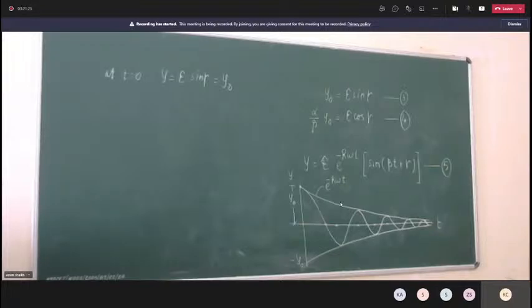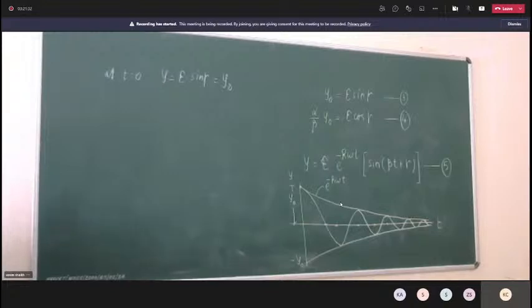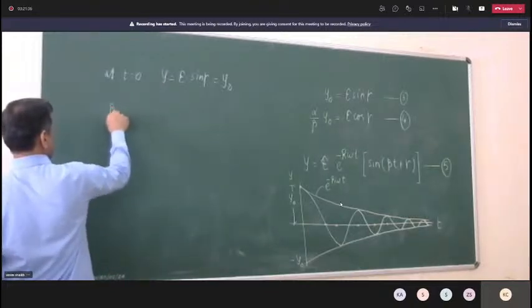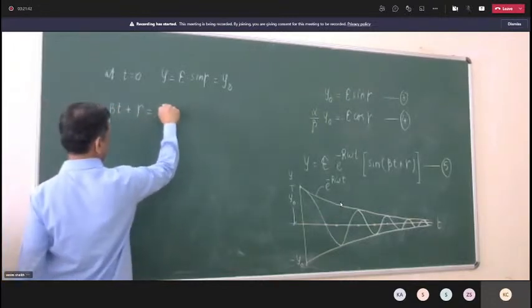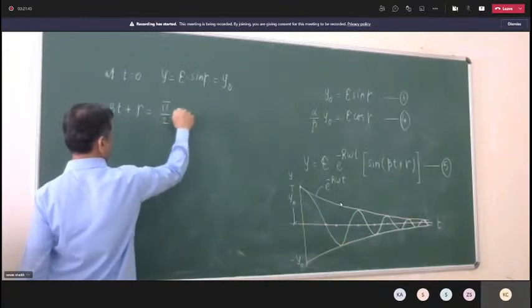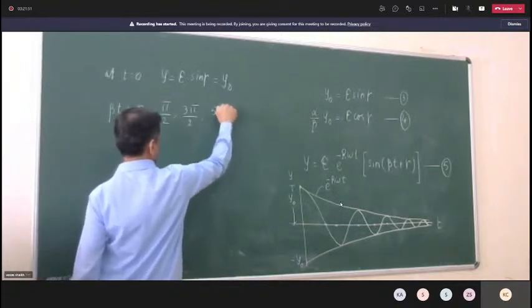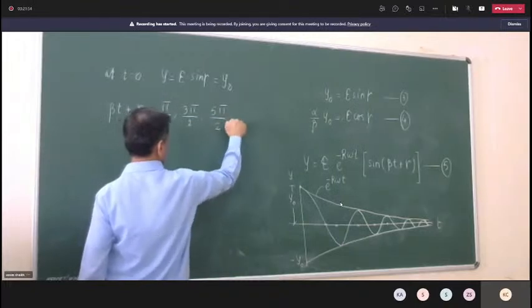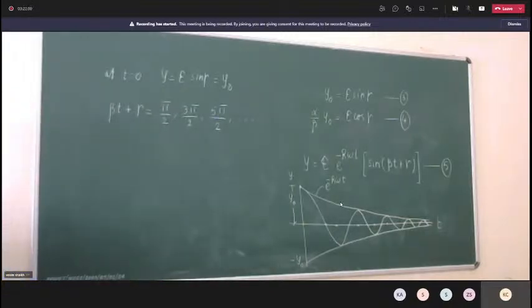And it happens at all angles where beta t plus gamma is pi by 2, 3 pi by 2, 5 pi by 2, and so on. Agree? Okay.